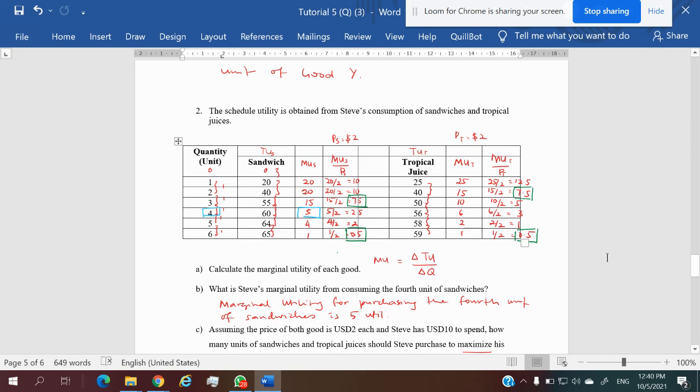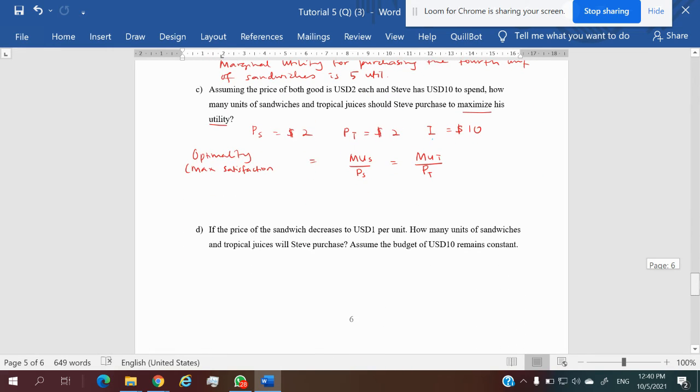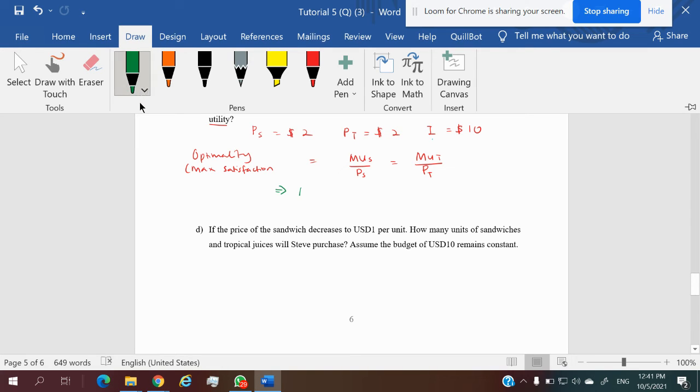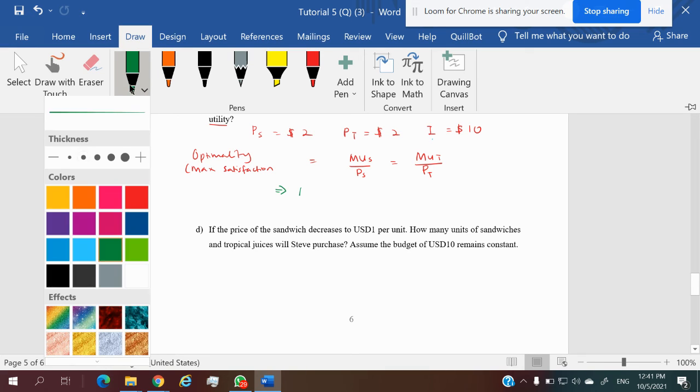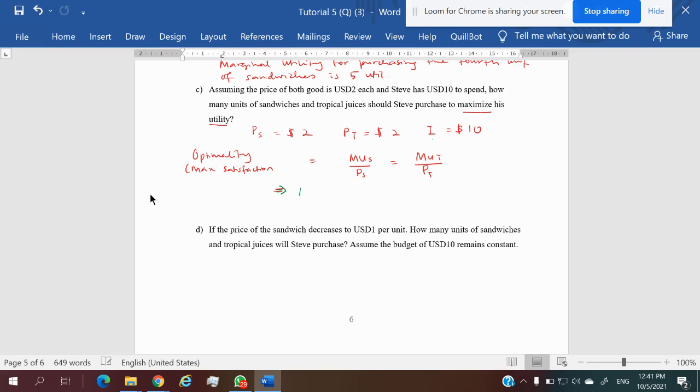All right. So the combinations that we have: for the first combination, 3 sandwiches and 2 juices, and the second one is 6 sandwiches and 6 juices. Okay, what should we do now?